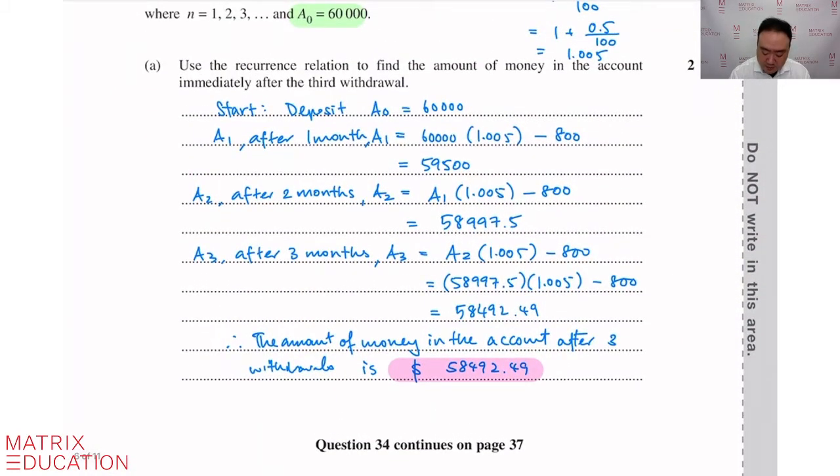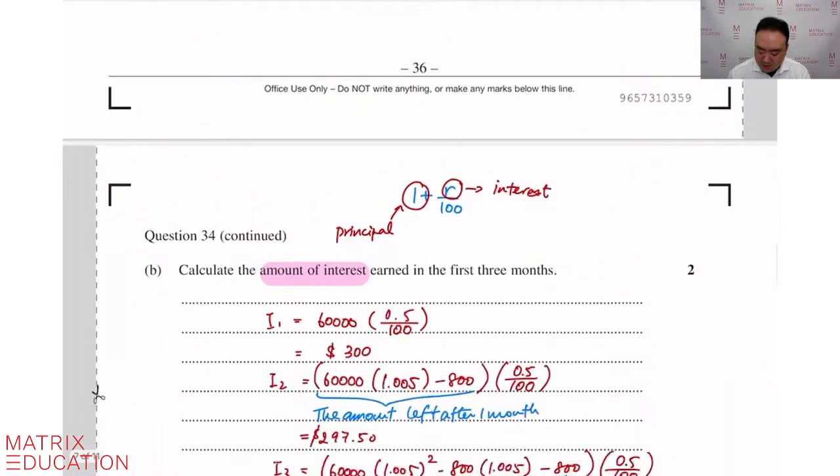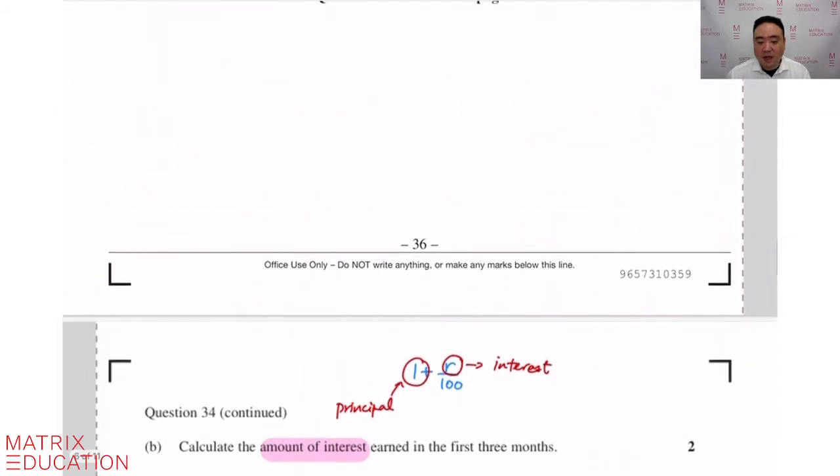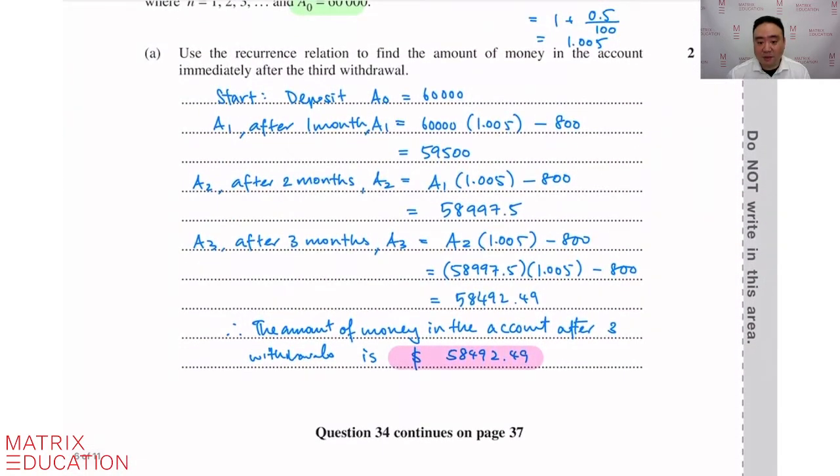Now if you look carefully, 60,000 came from here. And this amount that we substituted, 59500, was actually this one here. So if I want to use something from the previous part, then this would be your 59500.